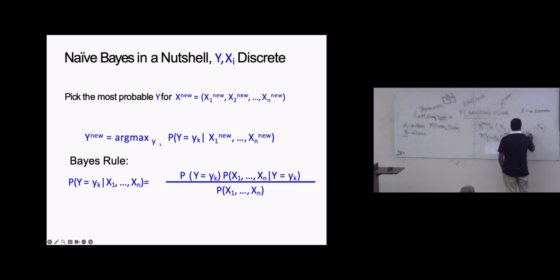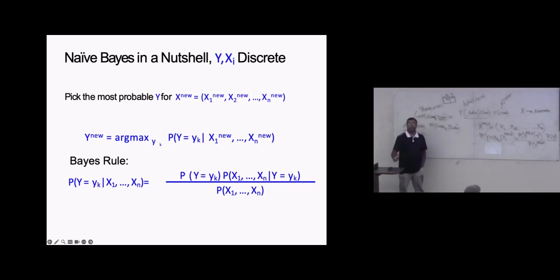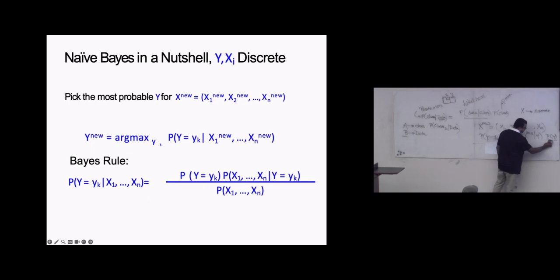We say probability of x new given y, times probability of y, divided by probability of x new. But we showed that we don't need to compute the denominator because it is constant. We get rid of it, so this is proportional to this.